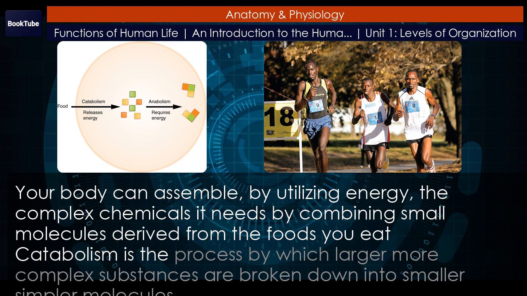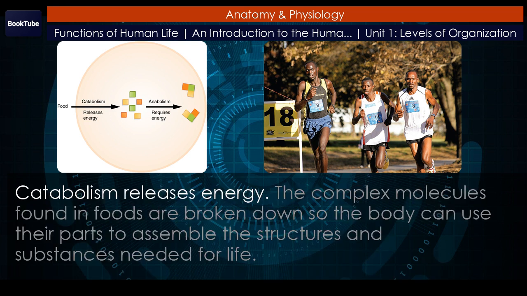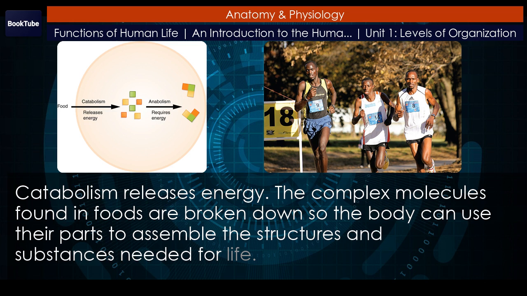Catabolism is the process by which larger, more complex substances are broken down into smaller, simpler molecules. Catabolism releases energy. The complex molecules found in foods are broken down so the body can use their parts to assemble the structures and substances needed for life.